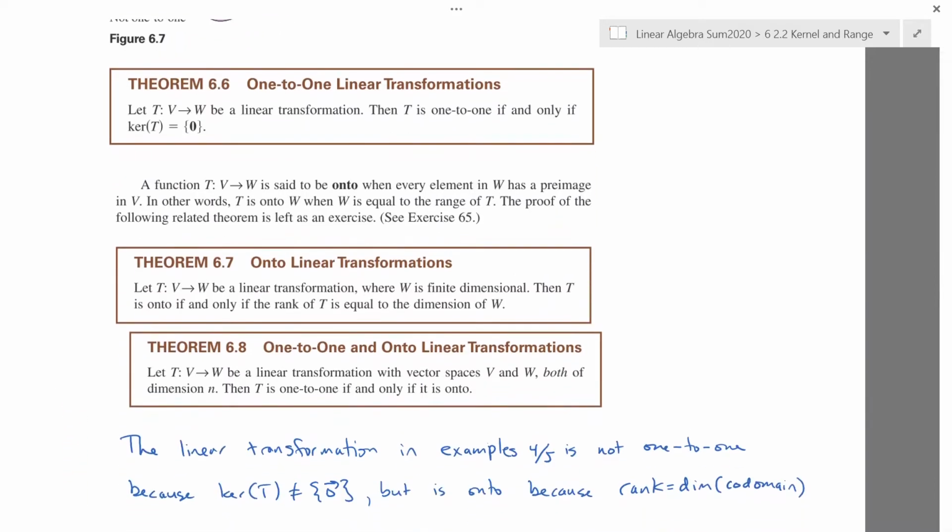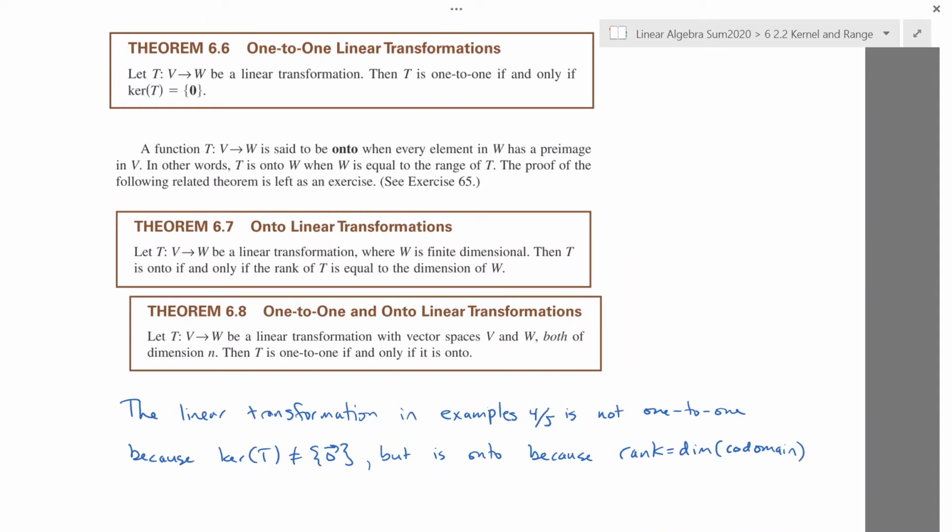Similarly for onto, if the codomain W is finite dimensional, then the linear transformation is onto exactly when the rank is the same as the dimension of the codomain, because in that situation, they're exactly the same.